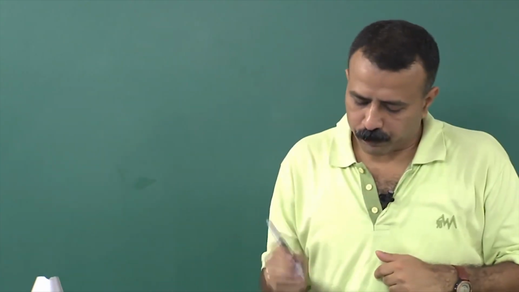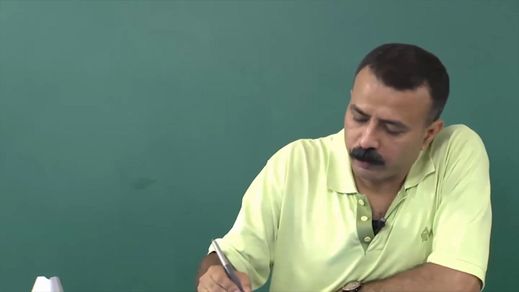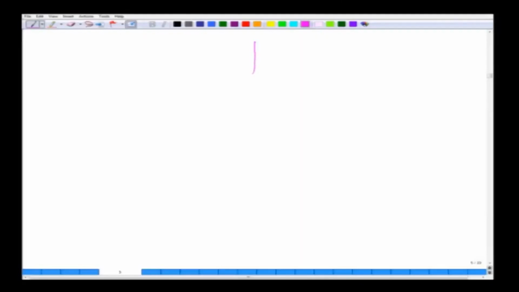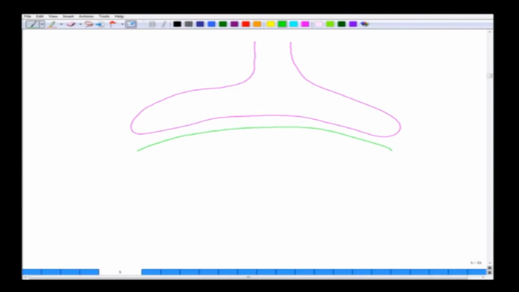So, at the presynaptic zone, what is happening? Let us look at it. Say for example, this is the presynaptic zone, and this is the postsynaptic zone, which I am drawing in green. Of course, I am here showing with two neurons. Once the electrical signal reaches here, it is traveling like this.